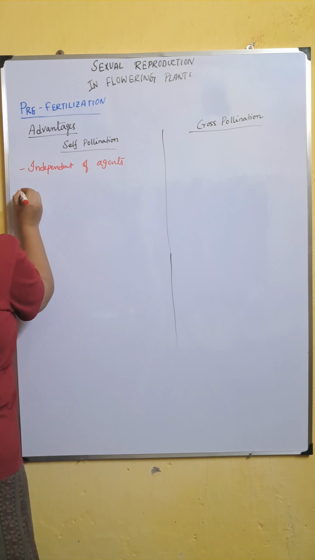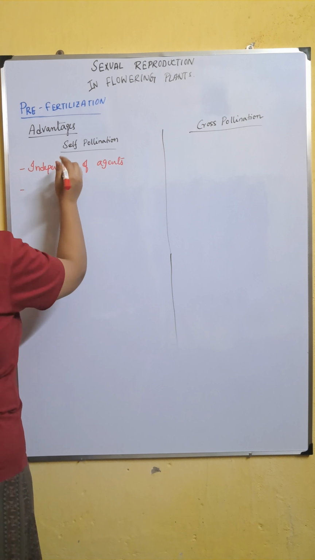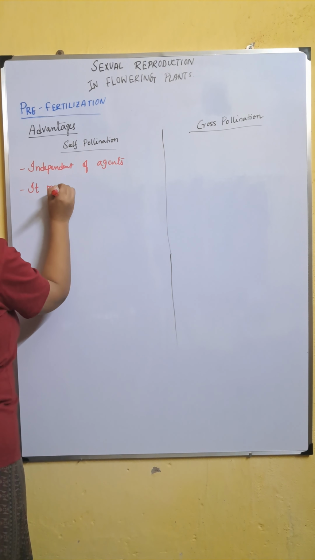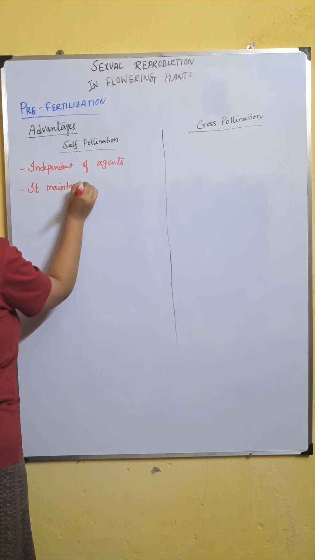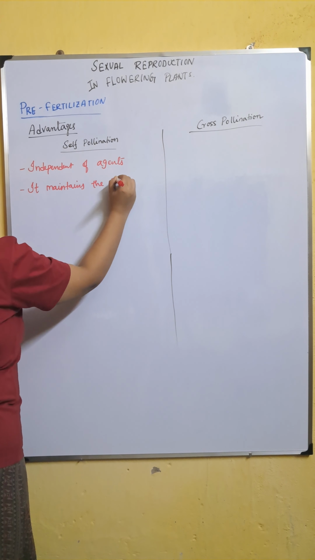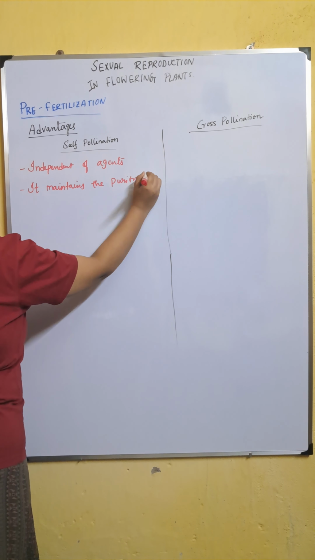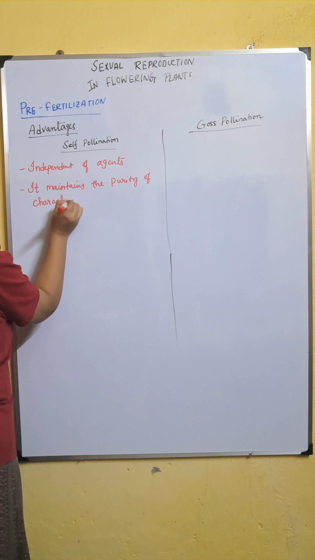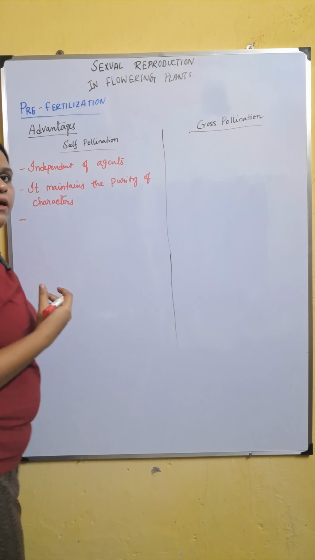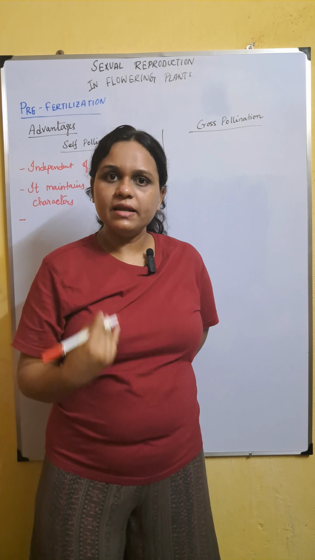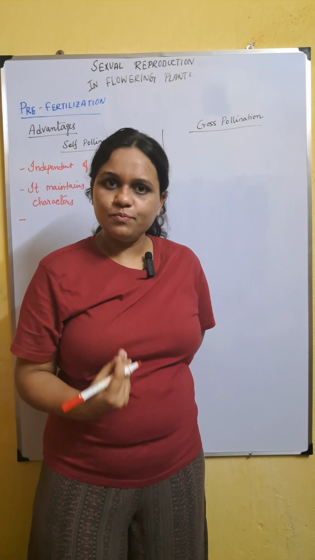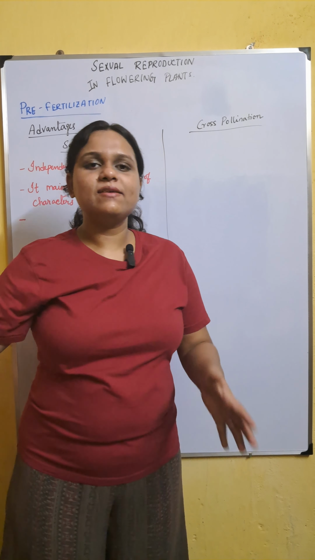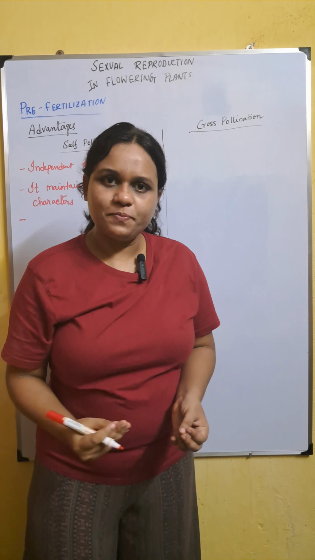So next, it maintains the purity of characters. As here the parental plants in self-pollination, the characteristics of the parents are completely transferred to the offspring.